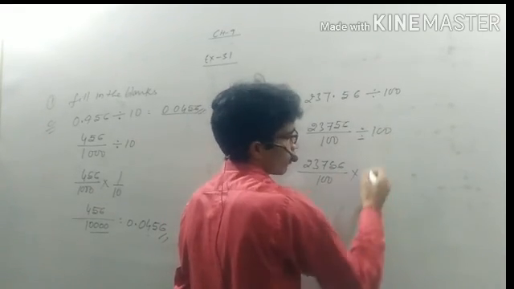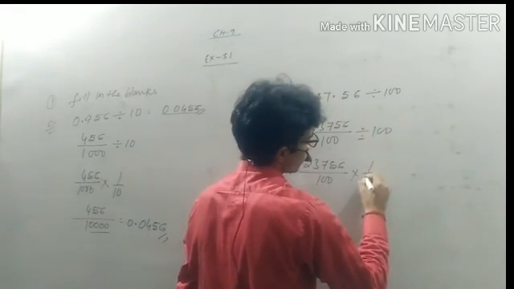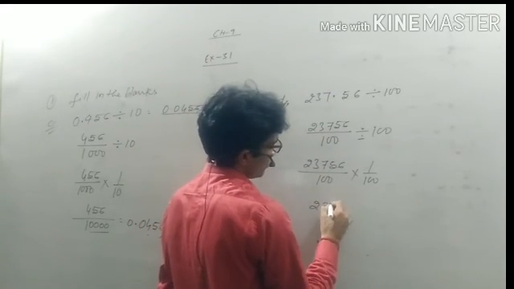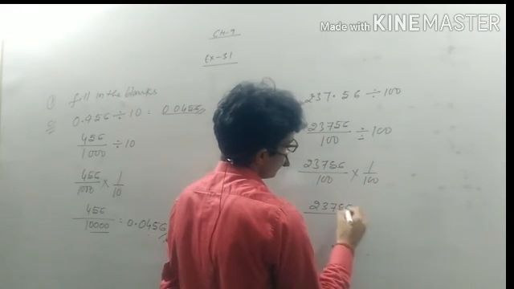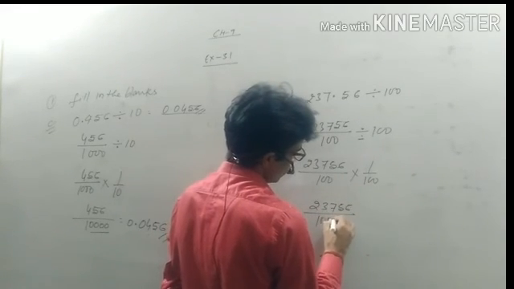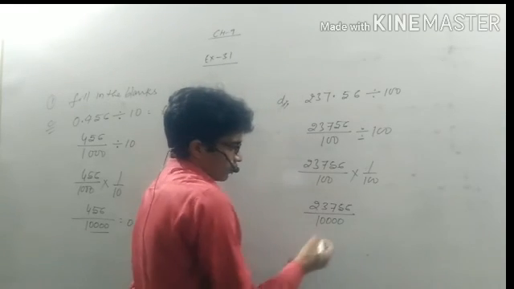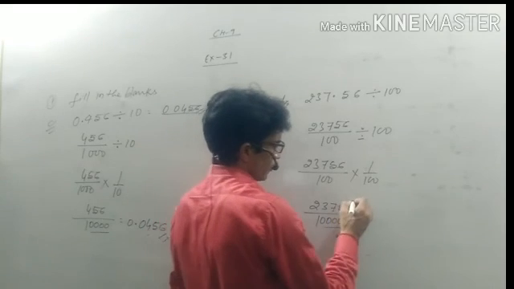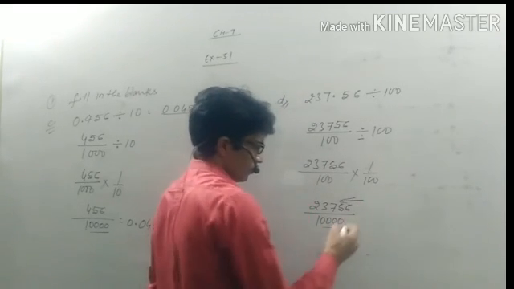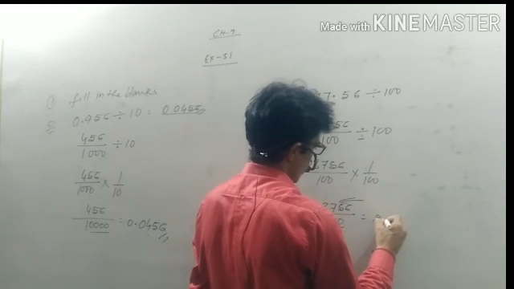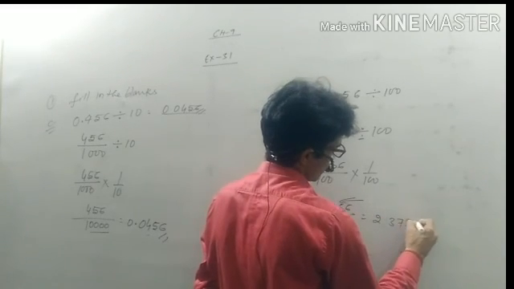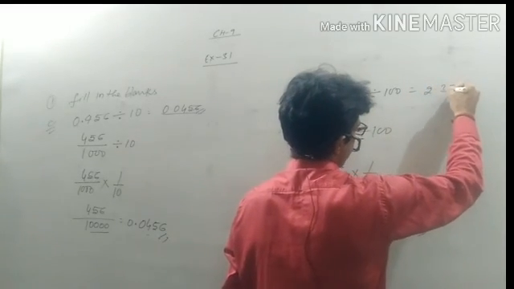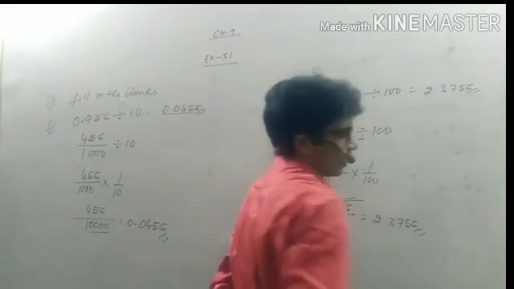The reciprocal of 100 is 1 by 100. Now multiply: 23,756 by 10,000. 10,000 has 4 zeros, so put the decimal after 4 places from right to left. So our required answer is 2.3756, and this is your required answer.